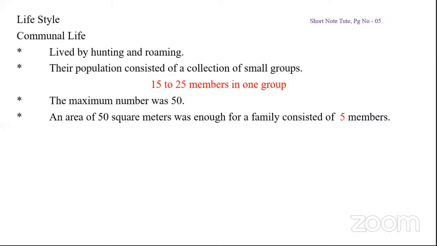There were no groups exceeding 50 members. An area of 50 square meters was enough for a family of 5 members, like father, mother and children. This is a kind of average. So these 5 members were using an area of 50 square meters.